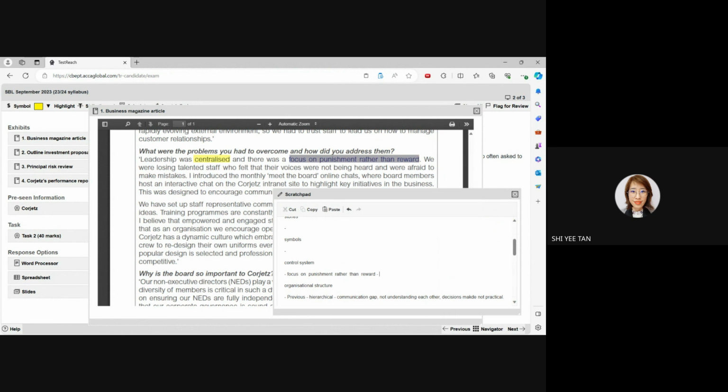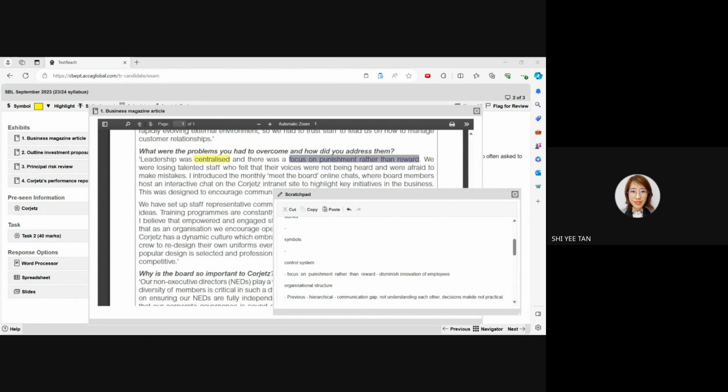What's the problem? This punishment, you can remember this. This punishment always has one very significant problem. You will actually diminish the innovation of the employees because they are afraid of making mistakes, so they do not want to give new ideas.